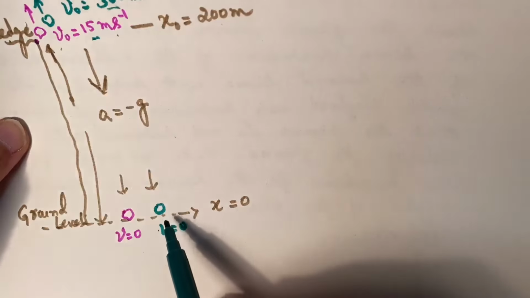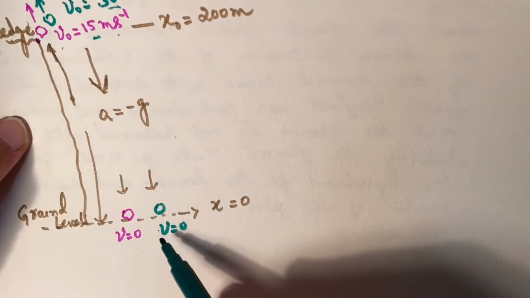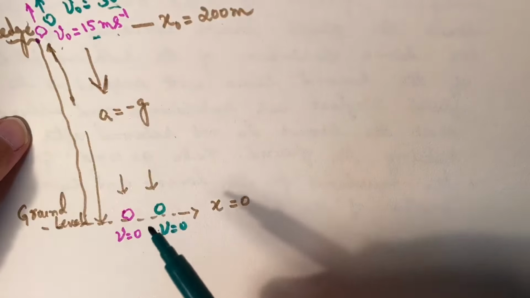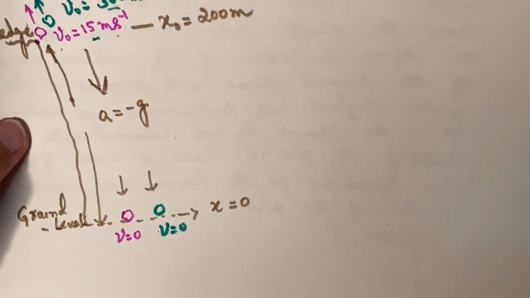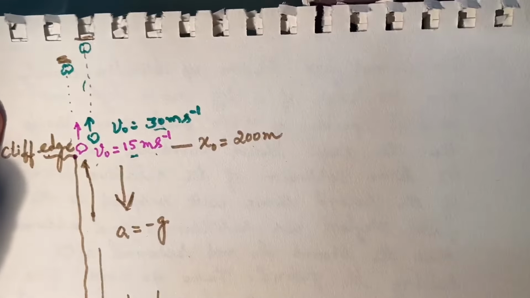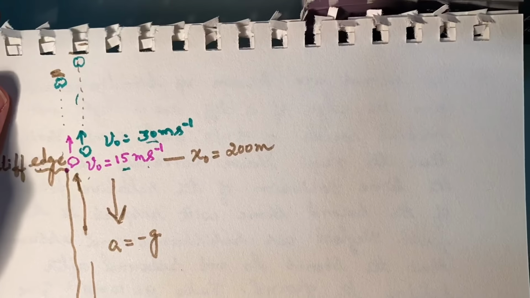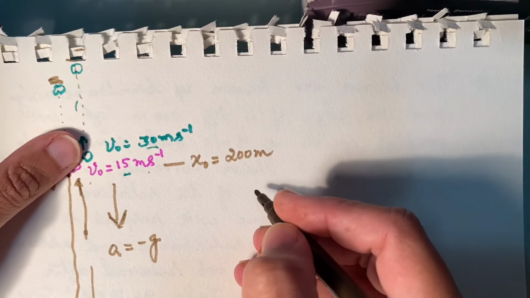Stone 2 would take a larger time to reach the ground because it was projected with a greater initial velocity, and hence it would reach a greater height, right? So if you know this, when you get the answers, you can actually verify whether your equations are right or wrong. So let's write the equations of motion for stone 1.